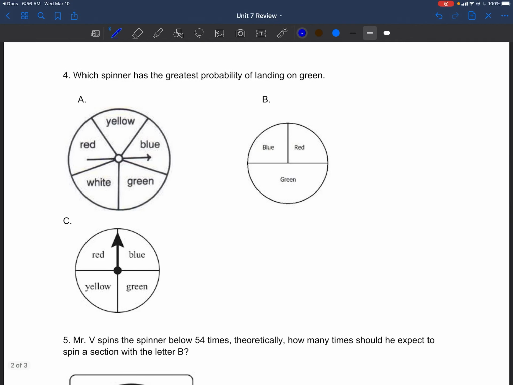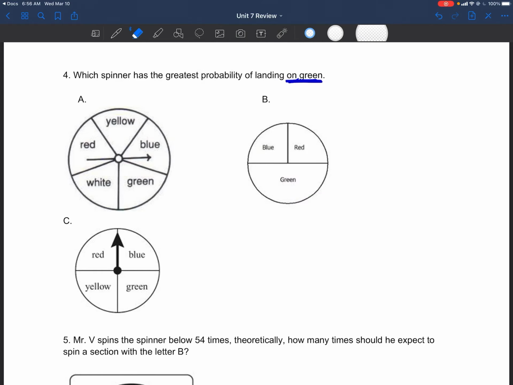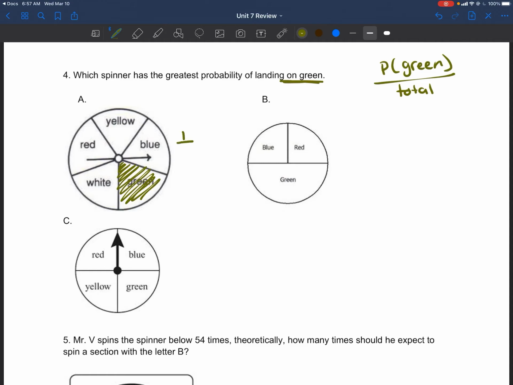Okay, this one says, which spinner has the greatest probability of landing on green? So we're looking for which one will give us the highest percent for green. Okay, so probability of green over your total. So let's do that. For letter A, I see that I only have 1 green out of 1, 2, 3, 4, 5.